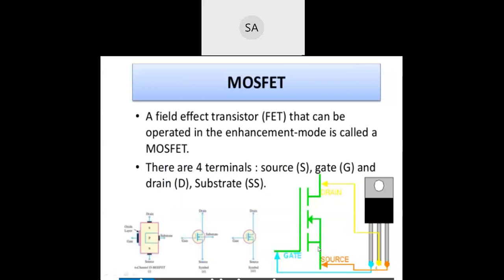This one is the depletion mode MOSFET symbol, and these are the enhancement mode MOSFET symbols. The only difference between the symbols of the enhancement and depletion modes is that here we have a break in the bar between drain, source, and substrate, whereas in the enhancement mode MOSFET there is no break in the bar. There is a continuation. Here is the drain, and source, and this is the substrate.